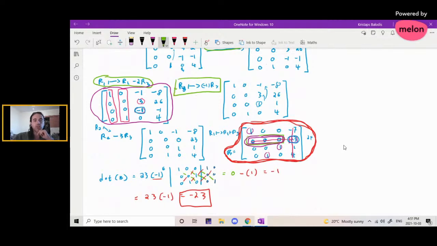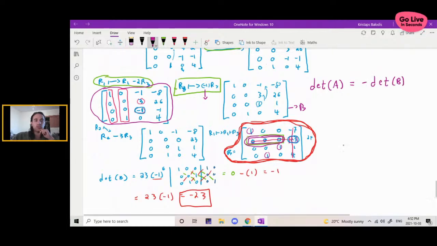So if we were to go back up and look at our rules, so far everything has the same determinant of A. But now if we consider this new matrix B, since the rule is if we scalar multiply a row, it scalar multiplies the resulting determinant.